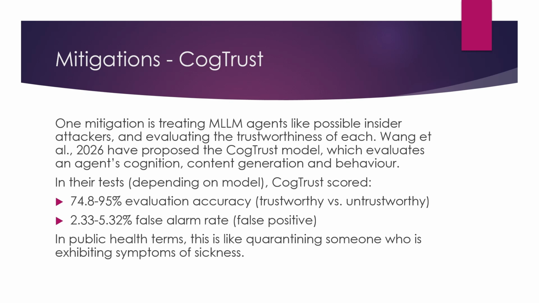In their tests, depending on the model, COG-trust scored 74.8 to 95% accuracy when selecting trustworthy versus untrustworthy agents, and a 2.3 to 5.3 false alarm rate, or false positive rate. In public health terms, this is much like quarantining someone who is exhibiting symptoms. If someone seems untrustworthy, then you don't let them infect other people with that untrustworthiness.